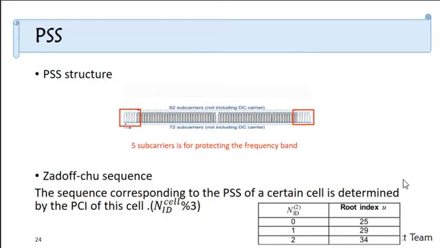PSS uses a length-63 Zadoff-Chu sequence, plus a 5-subcarrier guard band on each side to protect it. PSS has 3 values corresponding to the different Zadoff-Chu sequences, and you can see them here.